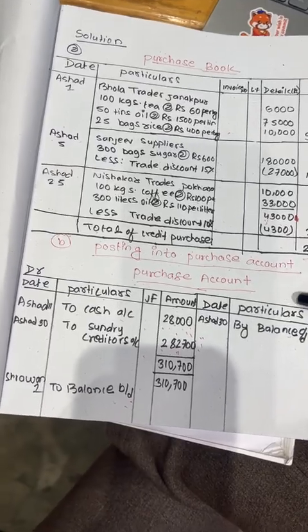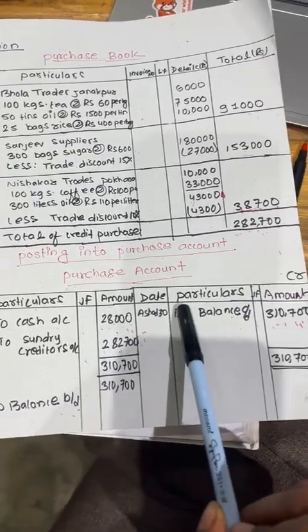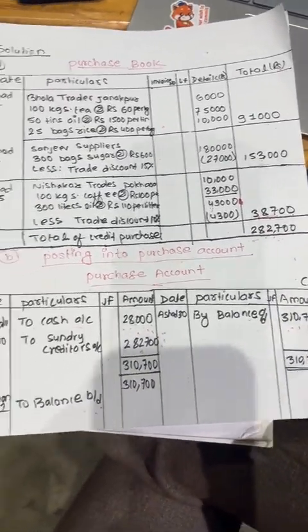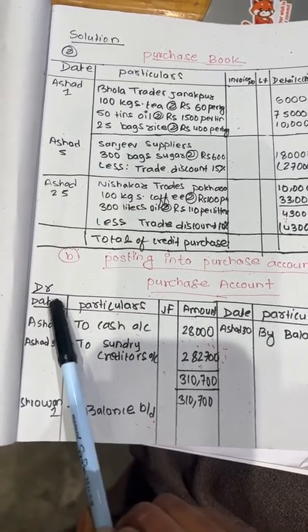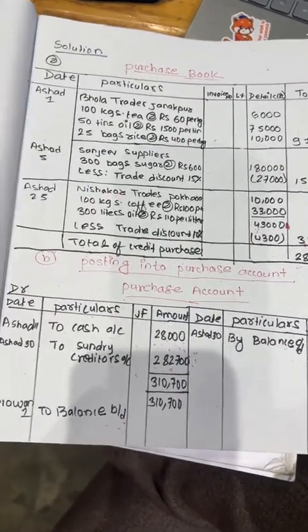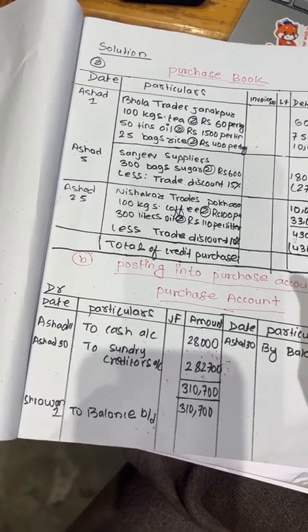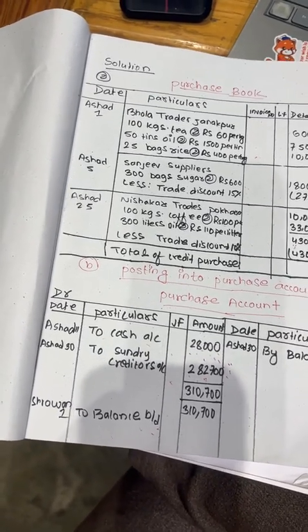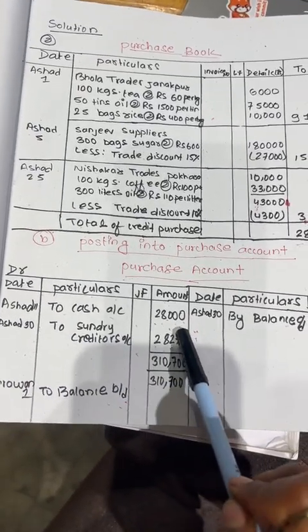Now we should post into the purchase account. The purchase account format is date, particulars, JF, amount, on both sides. And we consider the left side as debit and the right side as credit. First of all we should calculate our cash transactions. Our cash transactions are 28,000.